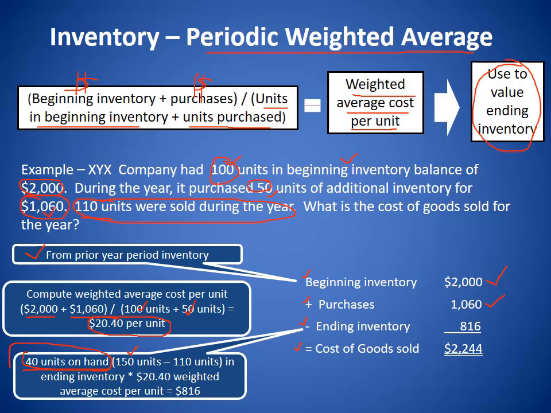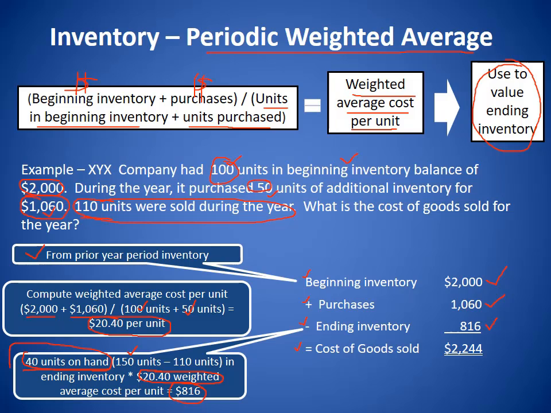Now we take those 40 units times our weighted average amount of $20.40, a value per unit times 40 units. So the value of our ending inventory is $816. Again, we have our beginning inventory plus our purchases of $1,060.